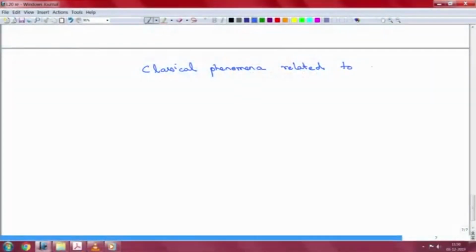I am going to list out some of the classical phenomena related to complex fluids, where the behavior of Newtonian fluids is in strong contrast to that of non-Newtonian fluids. One of the primary ones that we are going to discuss today is the rod climbing effect.